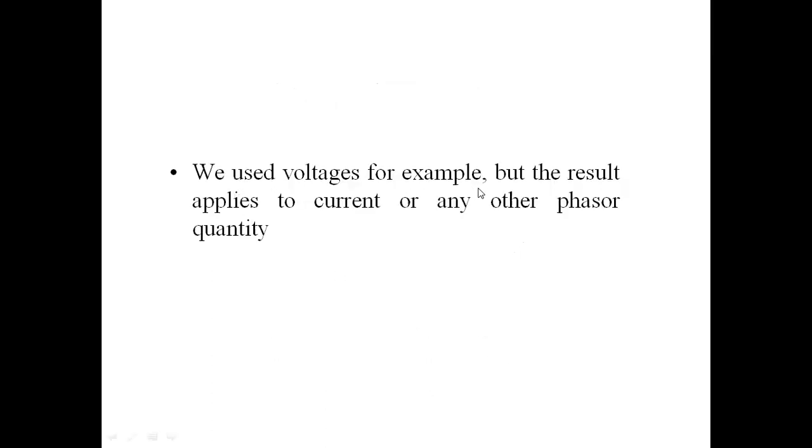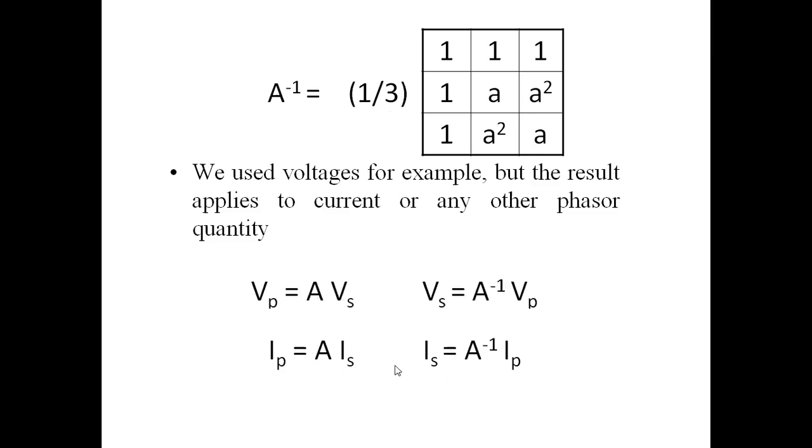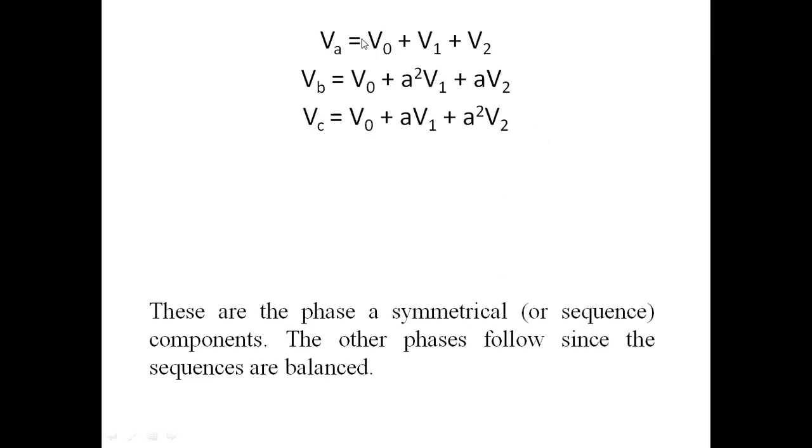We use voltage for the example, but the result applies to current or any other phase quantity. A inverse is equal to 1 by 3 times the matrix 1, 1, 1; 1, a, a square; 1, a square, a. If we represent it by the current quantity, IP equals A IS, and IS equals A inverse IP, and VP equals A VS, or VS equals A inverse VP.